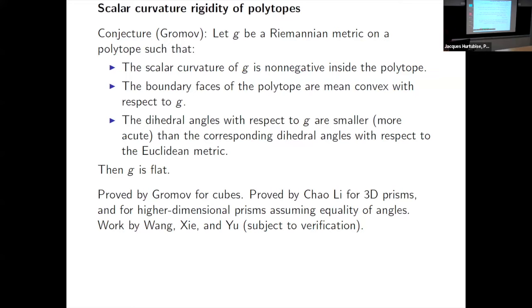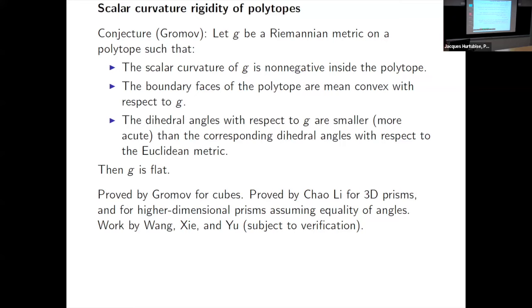Then Gromov proposed making another assumption concerning the dihedral angles. If you have two faces that have at least a point in common, then you want to assume that the dihedral angles computed with respect to g are smaller, that is to say more acute, than the dihedral angles with respect to the Euclidean metric.